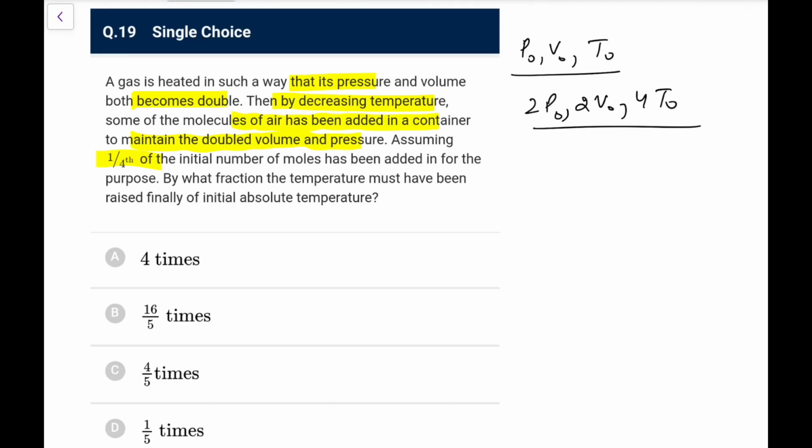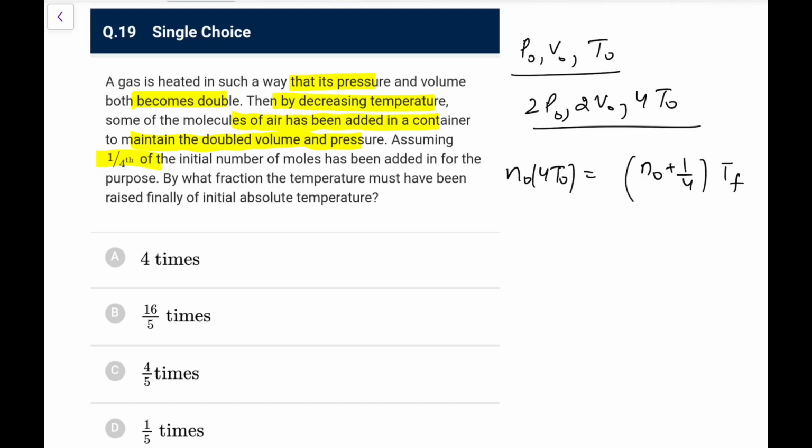So finally the product will remain 4 times. So we can say 4 N naught T naught would be equal to 4 N naught plus 1 by 4 into T final. I should write it as N naught into 4 T naught, that would be the better thing.